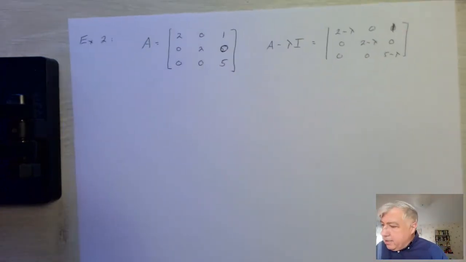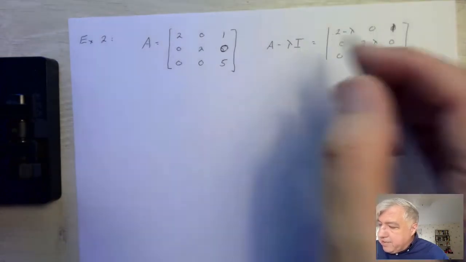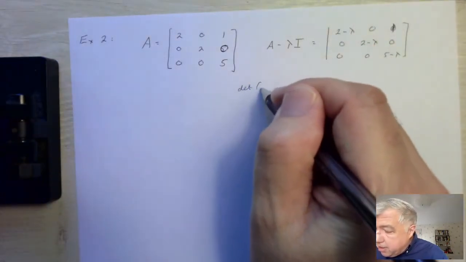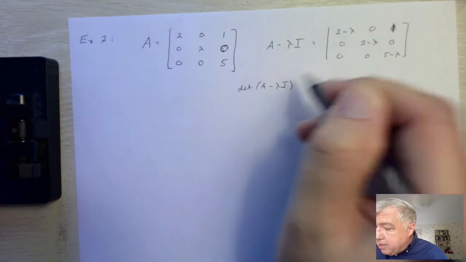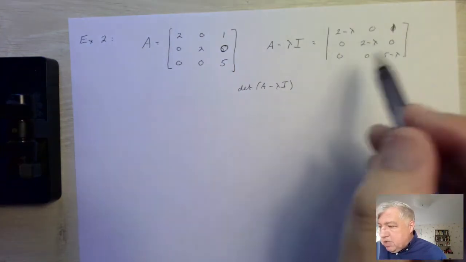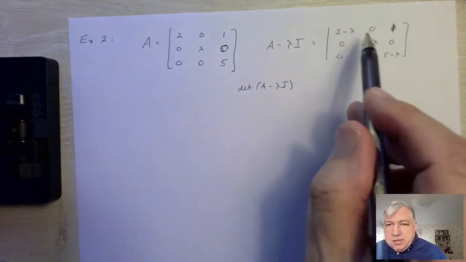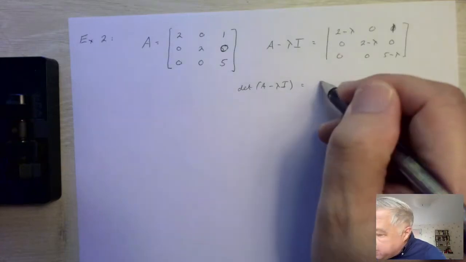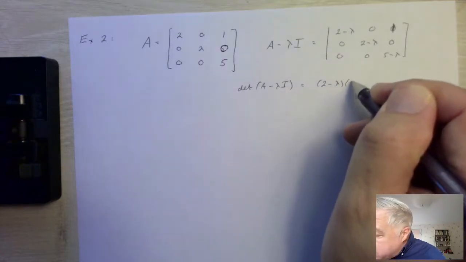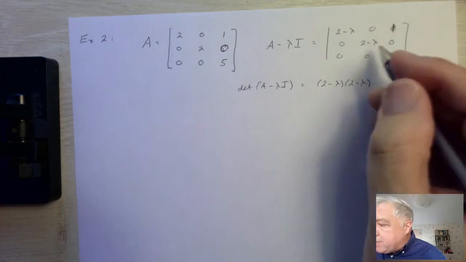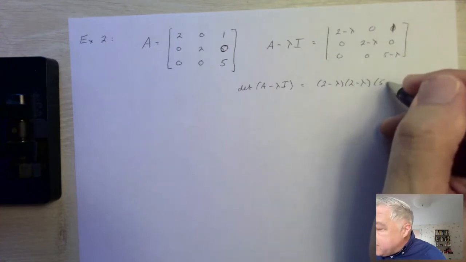So I think we can find the determinant of A minus lambda I. Once again, because it's upper triangular, you don't have to multiply it all out, just multiply the diagonal elements together.